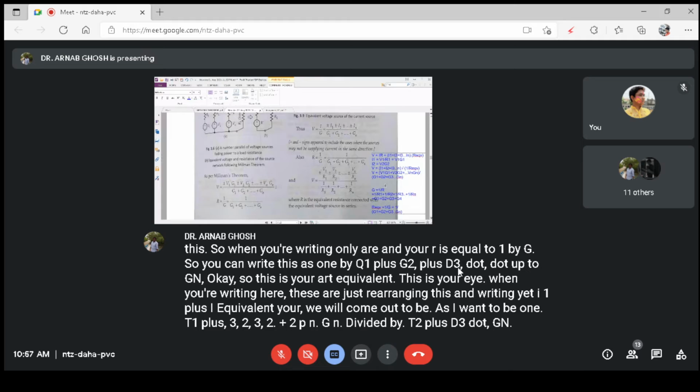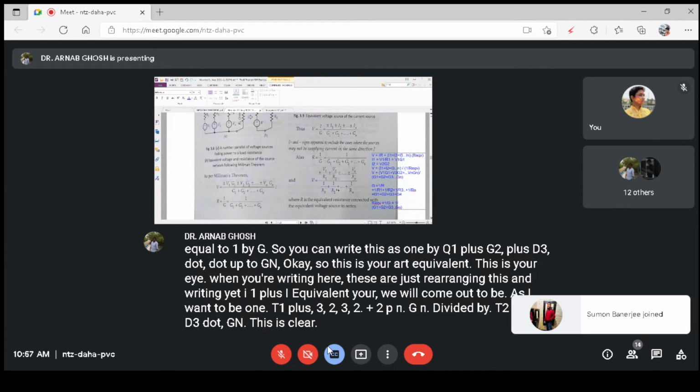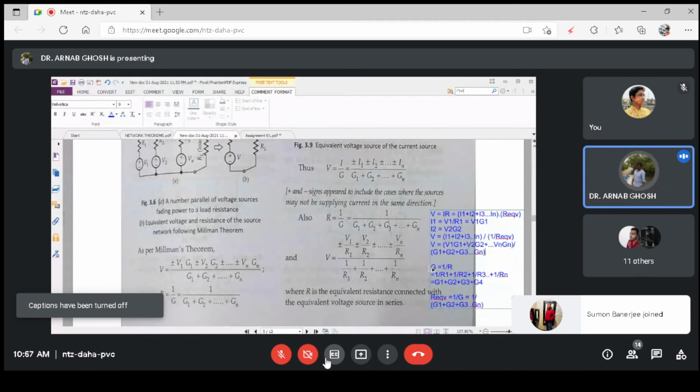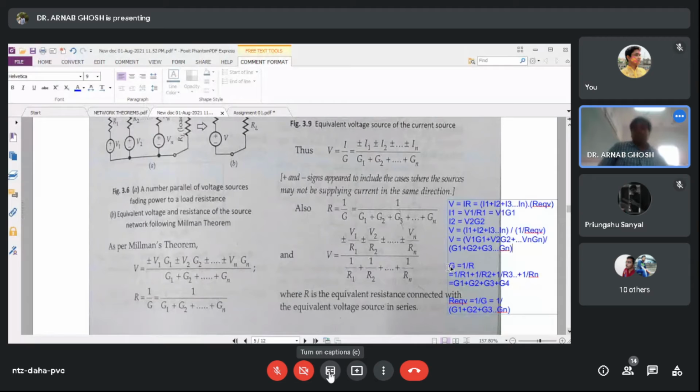Is this clear? Is the derivation of this expression clear? Or should I repeat? Any part that you are not able to understand, you can tell me. I can repeat.